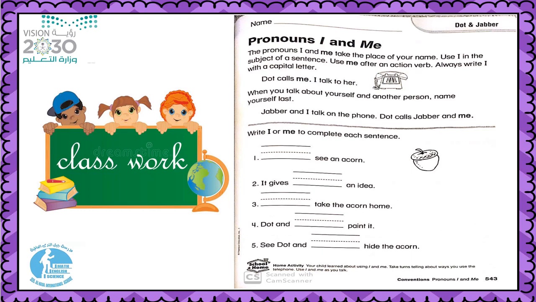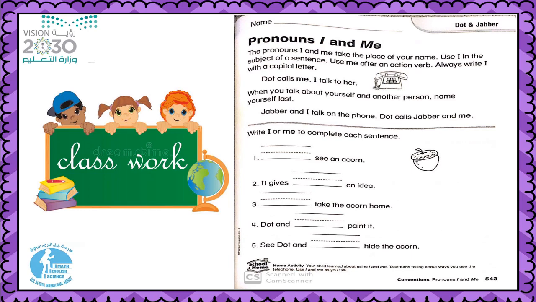I or me? Think. I. Excellent. Because we're in the beginning of the sentence, in the subject part of the sentence, and we're still before the action verb. So we say Dot and I, not Dot and me.